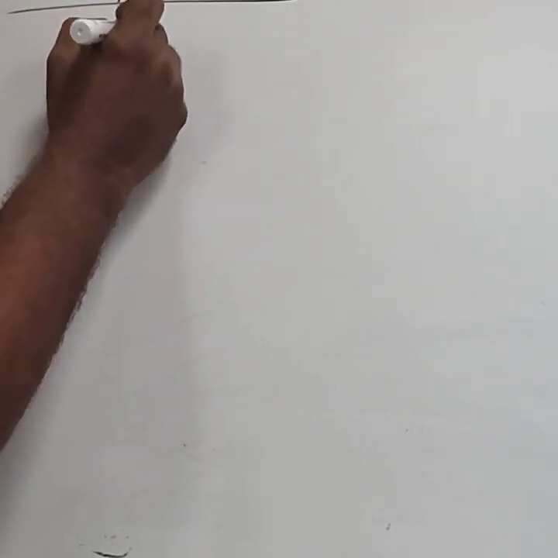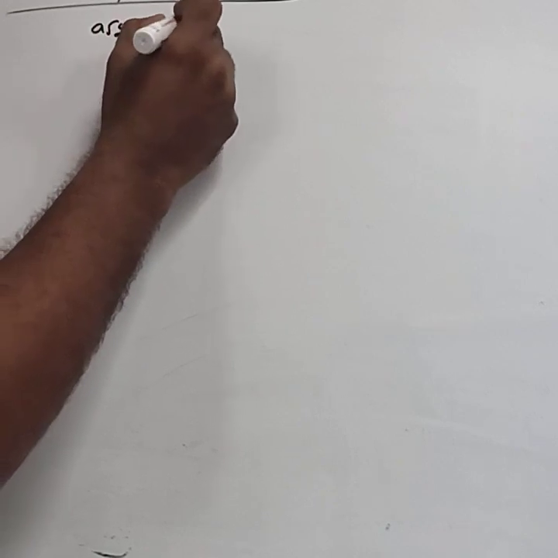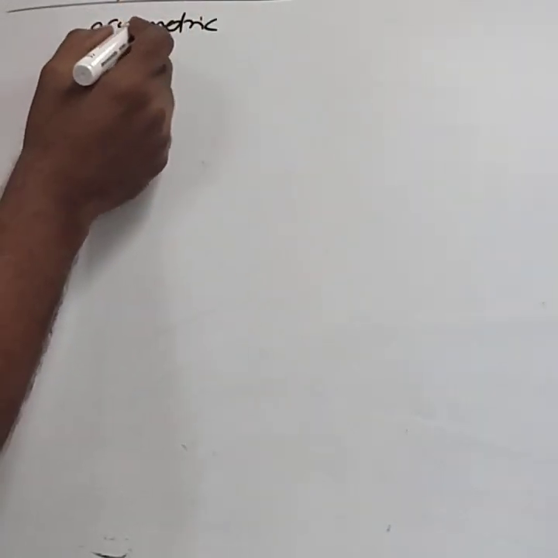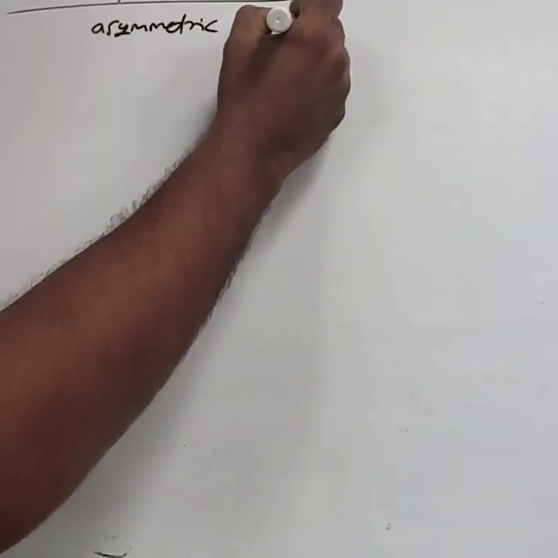DL notations are absolute configurations. DL configuration is based on the position of the substituent on the asymmetric carbon atom.